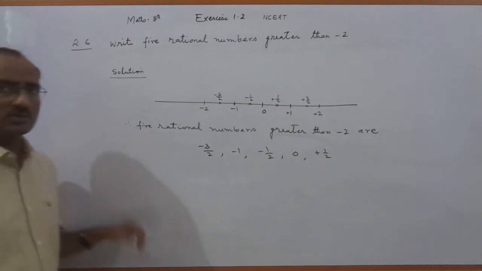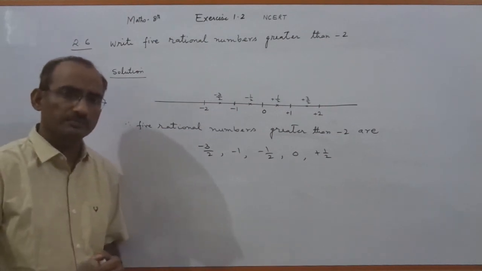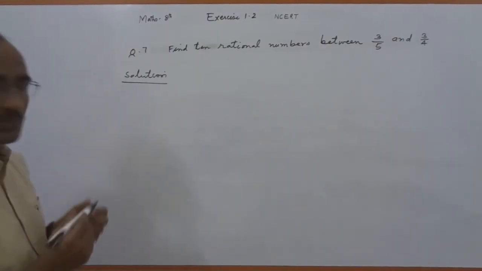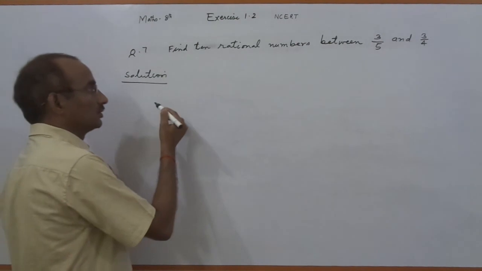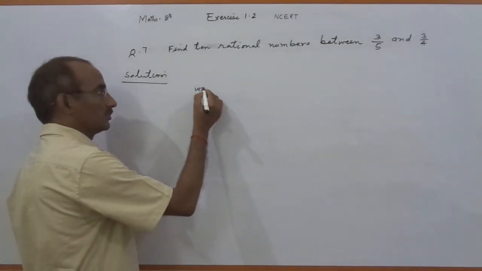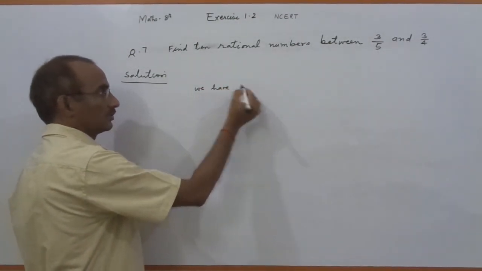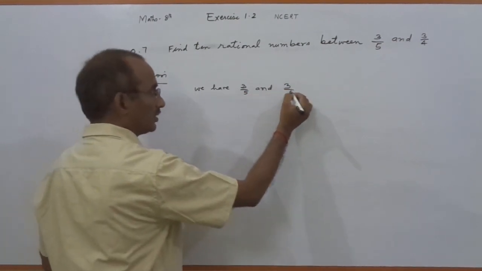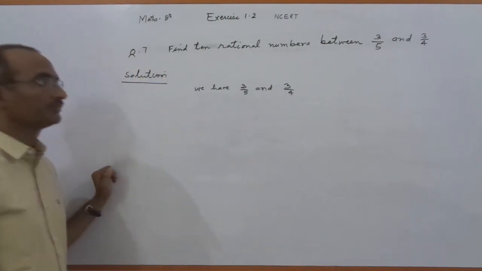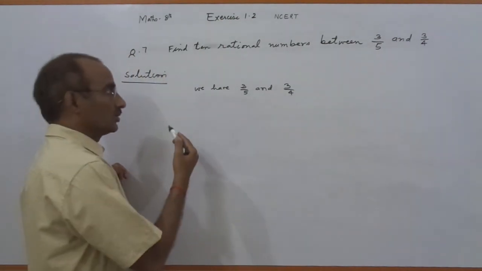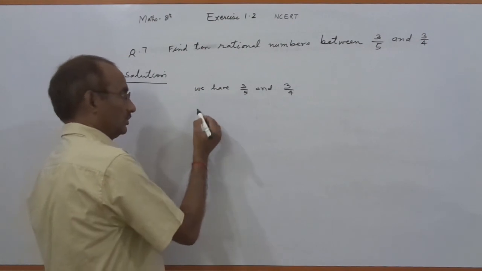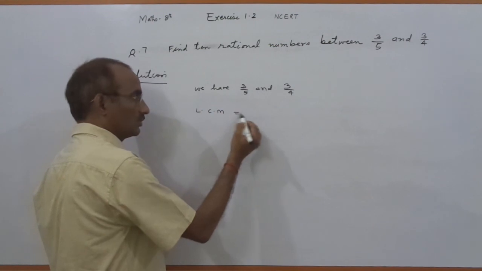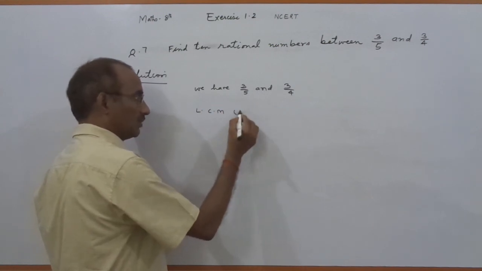And now come to question number 7. Here we have 3 upon 5 and 3 upon 4. So if we take the LCM of 5 and 4, we get 20.